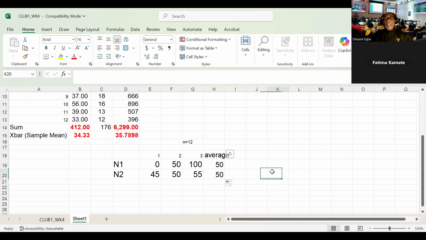And the average income in the second neighborhood is also 50. But in which neighborhood do you see that income is more widely dispersed? Which neighborhood do you see a wider variation in income?